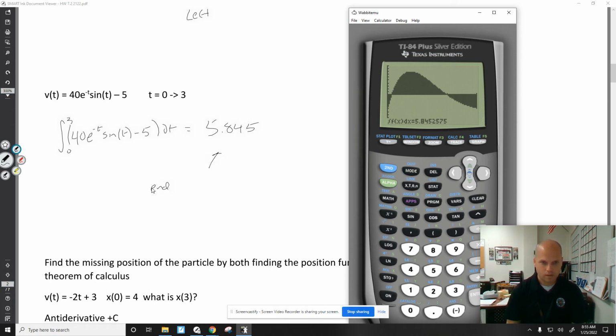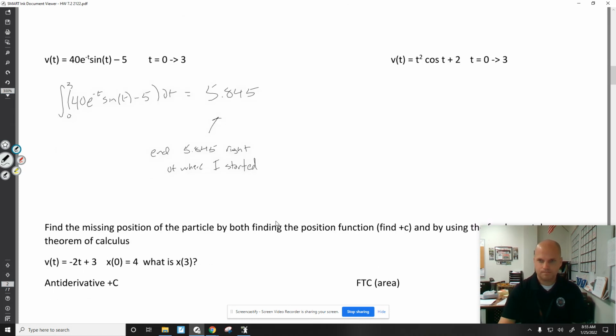I end 5.845 units to the right of where I started. Where did I start? I don't know. I don't know where I started. But that's it.